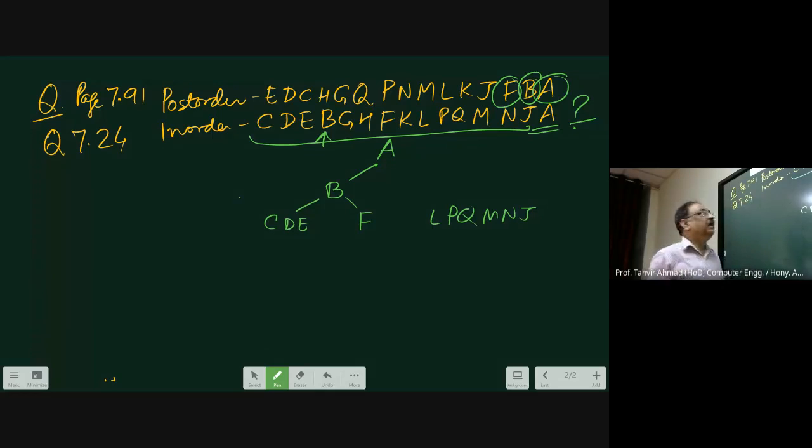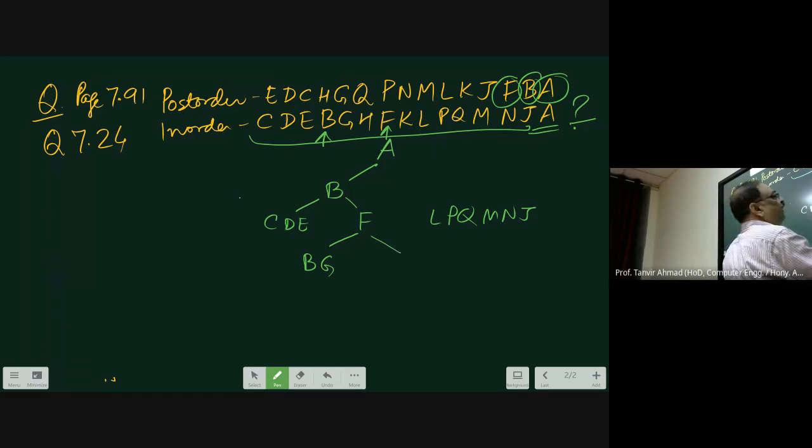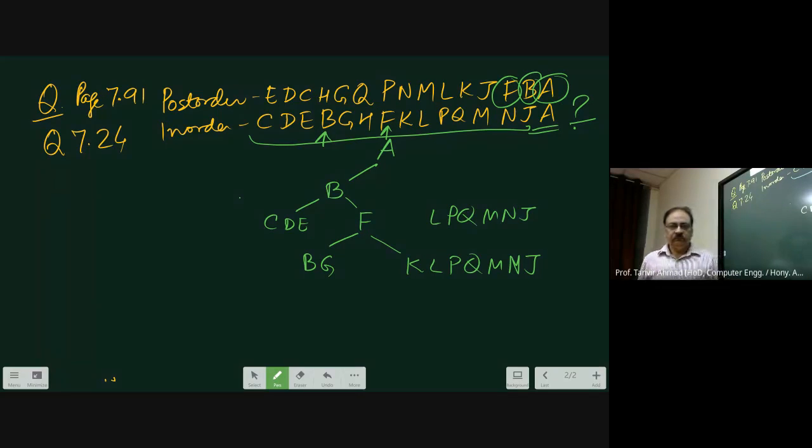And here I will check F. The left of F is G, H, and the right of F will be K, L, P, Q, M, N, and J. So G, H. Sorry, H will also be correct.